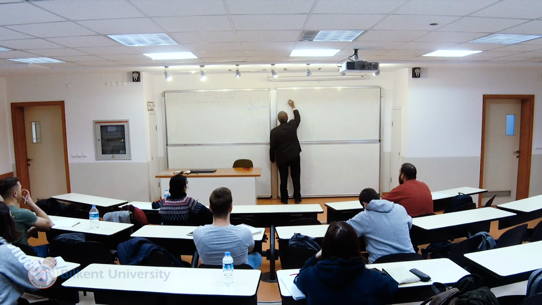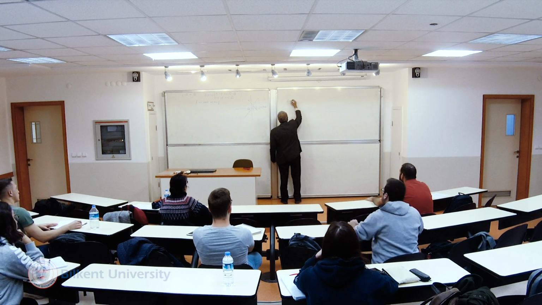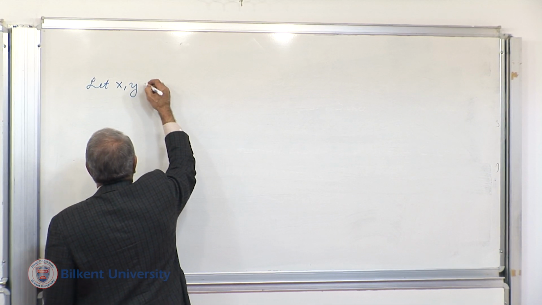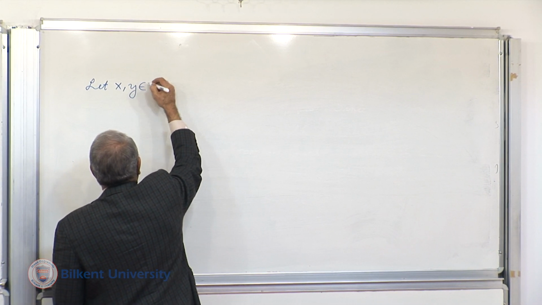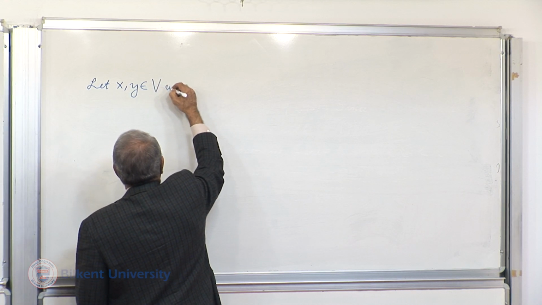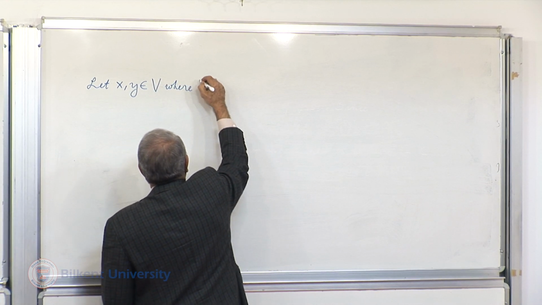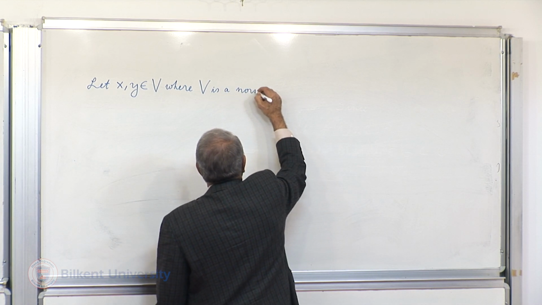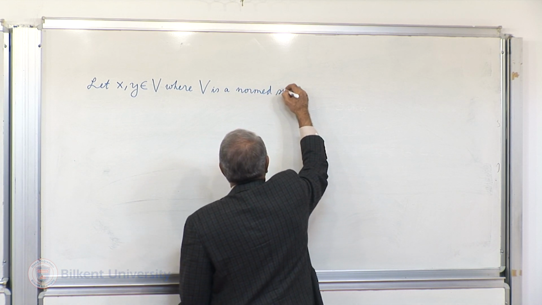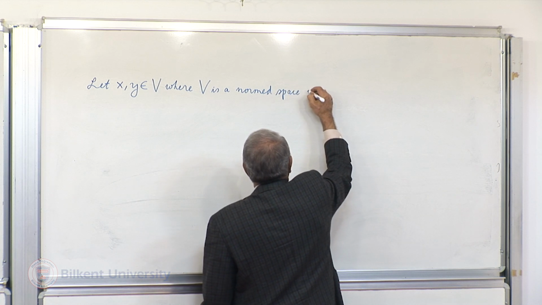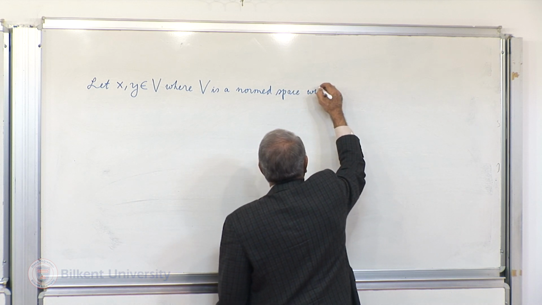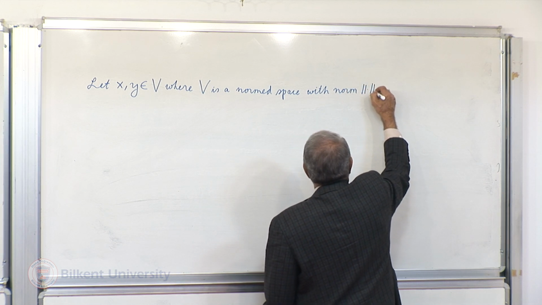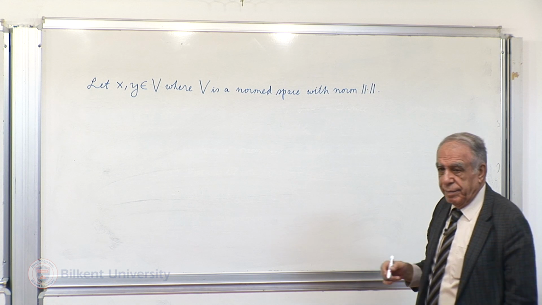Now, let x, y be in V, where V is a normed space with some norm.